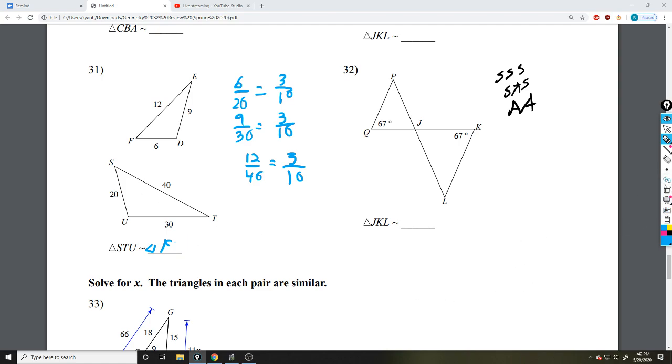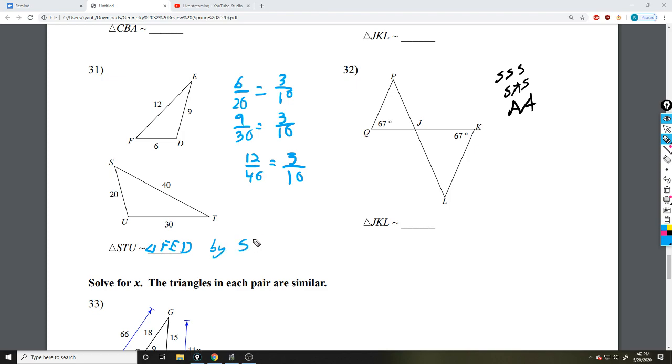Other way. No, we want S to T. S to T is this side. So we want S to T. We want it to line up with F to E. My mistake. F to E. We want it to line up with the longest side. And then to D.